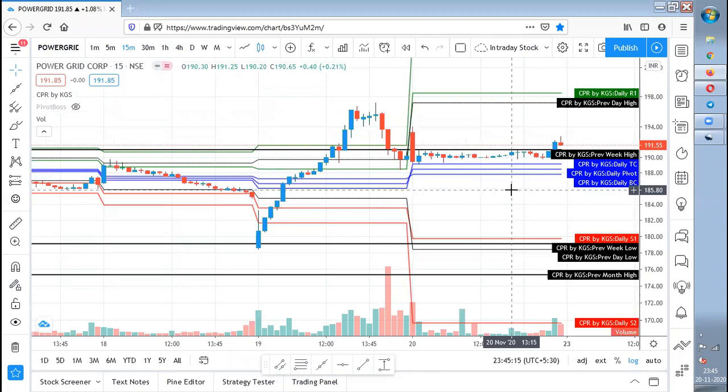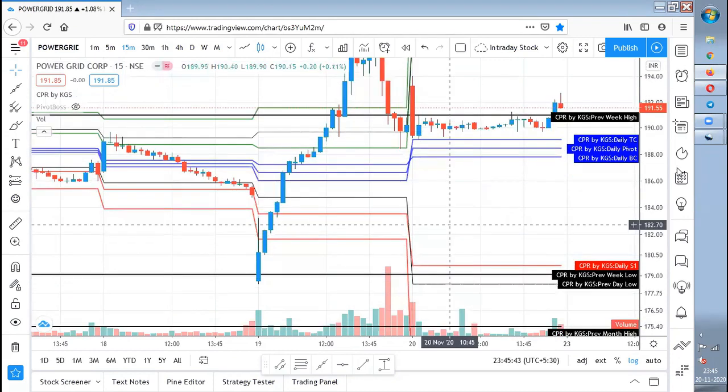CPR is also a horizontal support or resistance. It is a zone which has some impact and tells you how the day can be. It is calculated based on the previous day's high, low, and close. So you need to treat CPR as a zone of support or resistance.